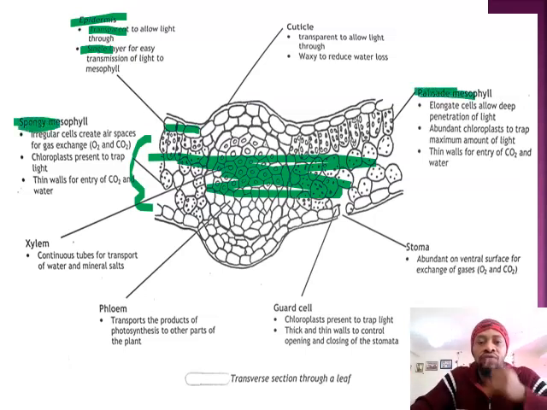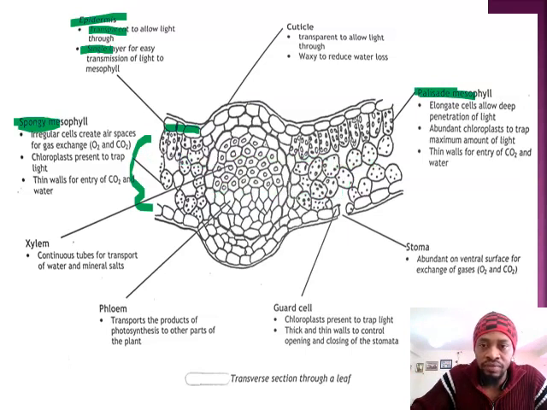We'll discuss each of them individually so that we see their structural suitability in making sure that photosynthesis occurs efficiently. So I was saying the epidermis has just a single layer so that light can easily be transferred from the epidermis. It's not thick.